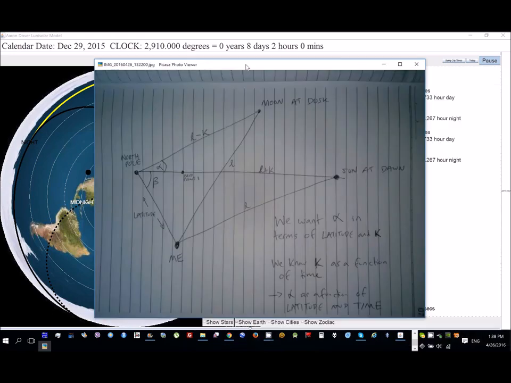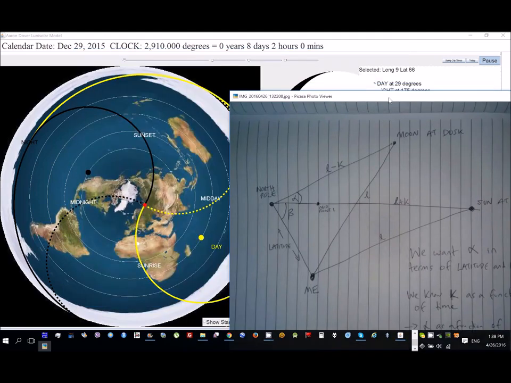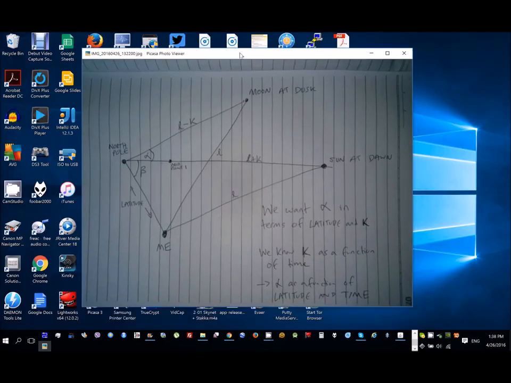And there's me down there. So in this diagram, we've got the North Pole, we've got the sun at dawn, and there's me. We know that the distance from me to the sun at dawn is L, because dawn goes in a semicircle. In the yin-yang shape, it's a semicircle, radius L. So the distance from me to the sun is L at dawn.